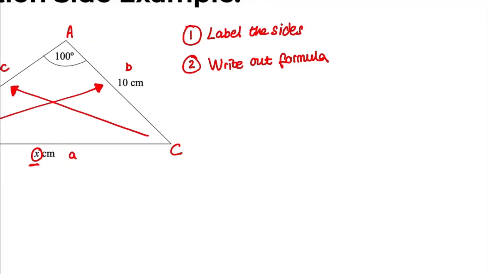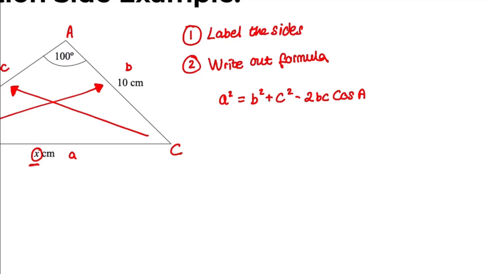The side formula is a squared equals b squared plus c squared minus 2bc cos A. That's what the side formula is.